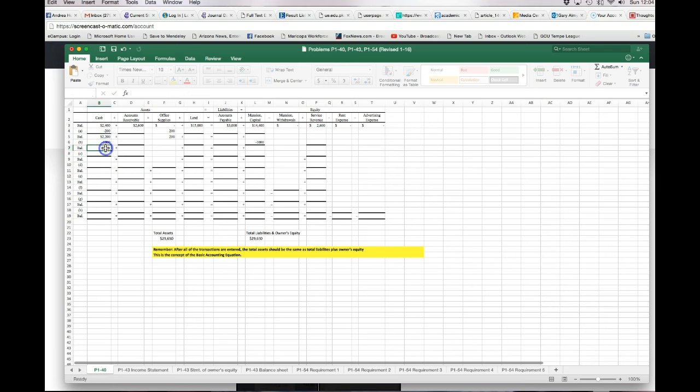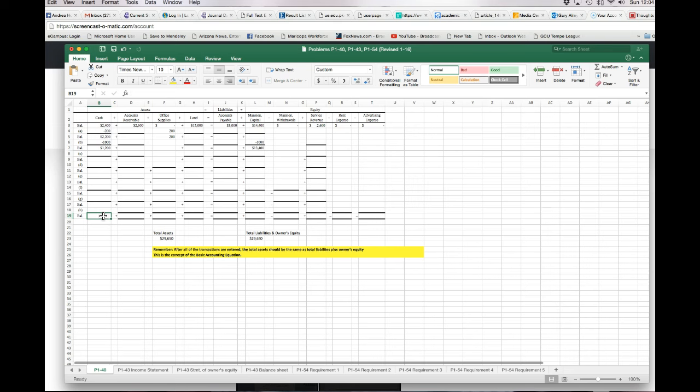So then we just carry down the balance. Sorry, that's wrong. And we just continue going through each transaction this way until at the very bottom, we're going to carry down all the balances for each of those accounts.